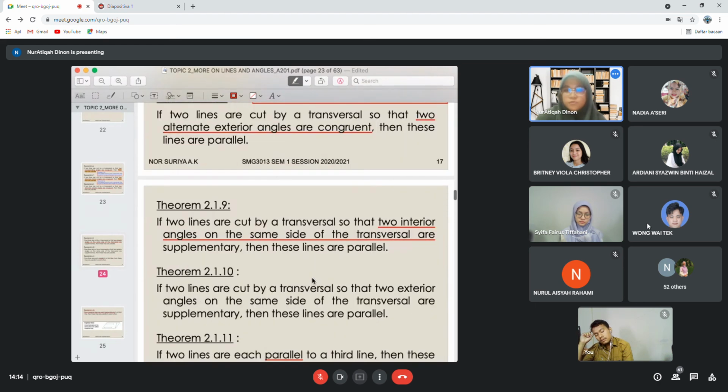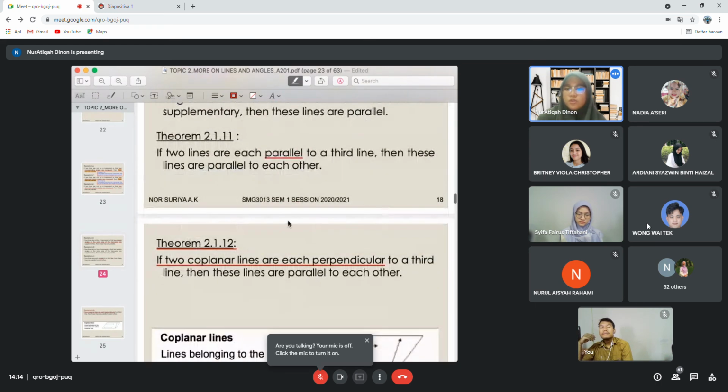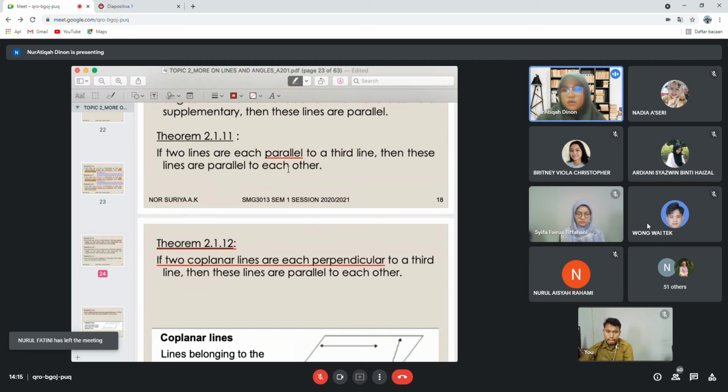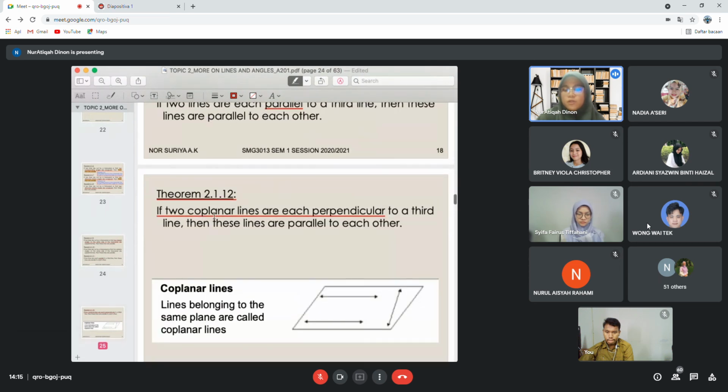Then we have these 2 theorems where we introduce a third line and ask whether it's parallel or not with the 2 lines. If it's parallel to one line, it's going to be parallel to another line. And this one, we talk about coplanar lines perpendicular to a third line, and these 2 lines will be parallel to each other.